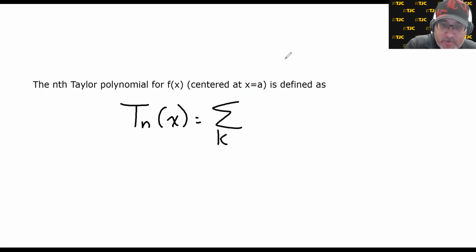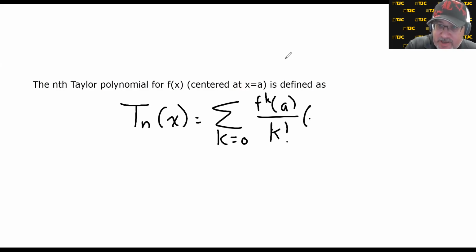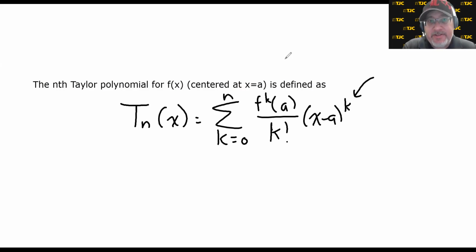We'll start at k equals 0 of the kth derivative evaluated at a over k factorial times x minus a to the k. But the nth Taylor polynomial stops at n, so that the degree ends with n. So that's what I mean by the nth Taylor polynomial.